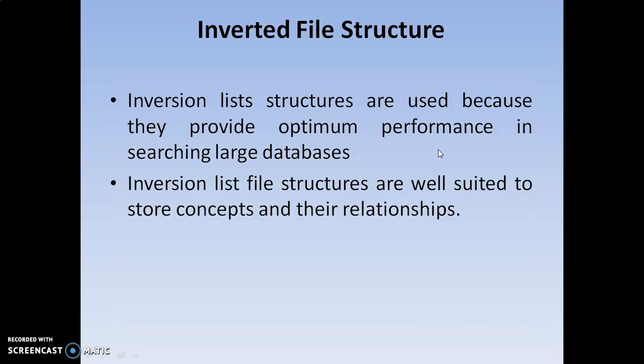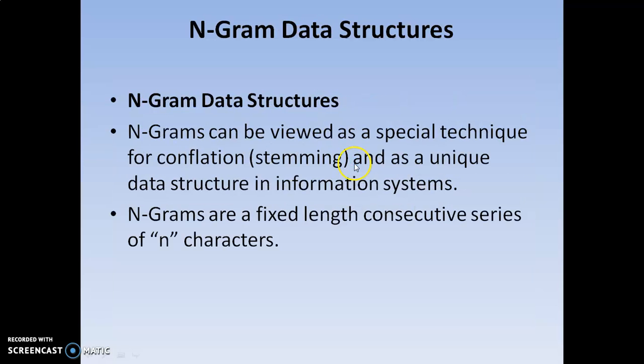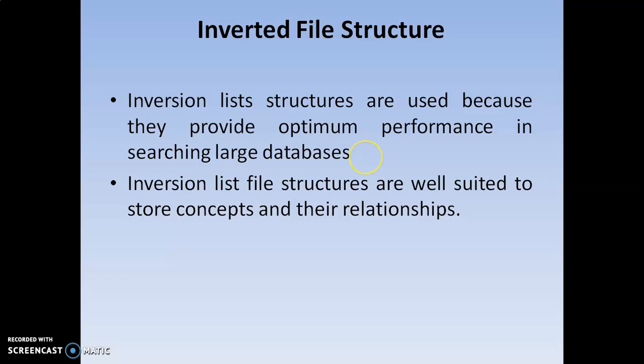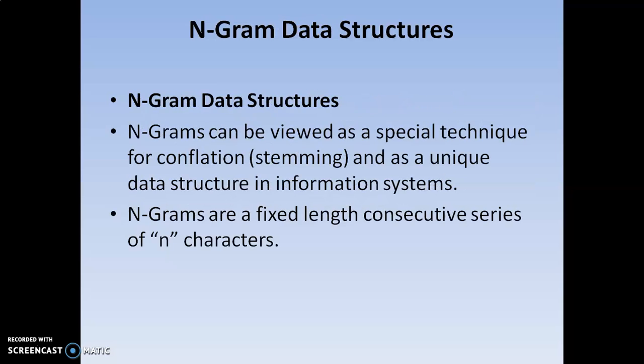That is there in the inversion lists. One more thing you need to remember is that it increases the precision. Joining, ranking like things will be used to store the concepts and their relationships, and natural language processing is also used. It is very well suited for efficient, optimal search of the items, and most widely used for concepts and their relationships.